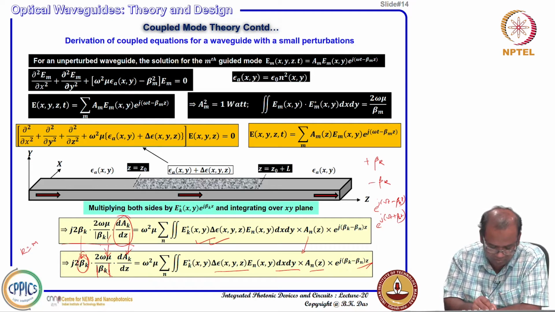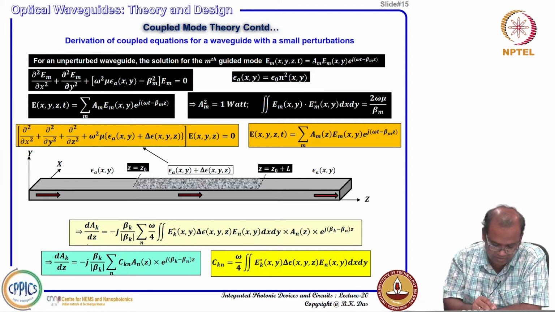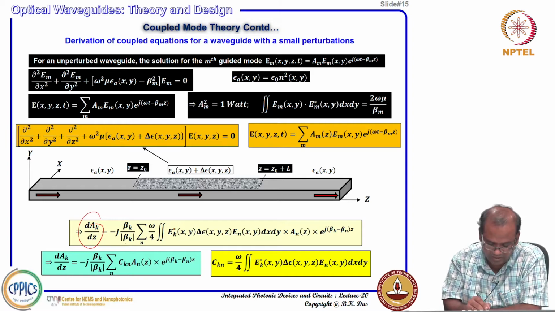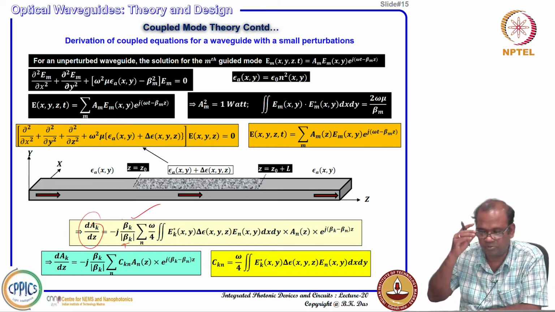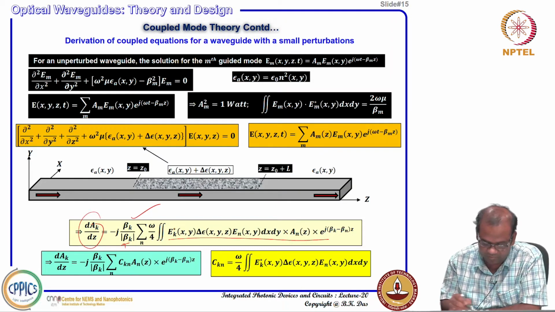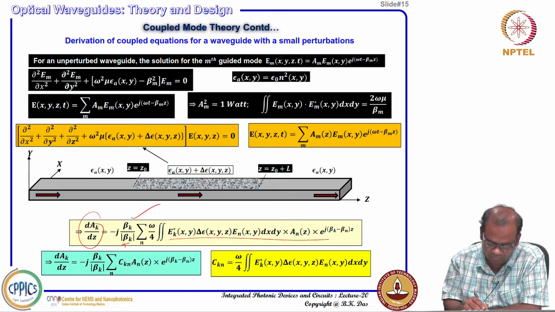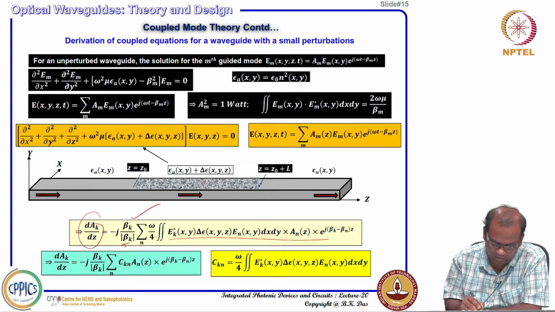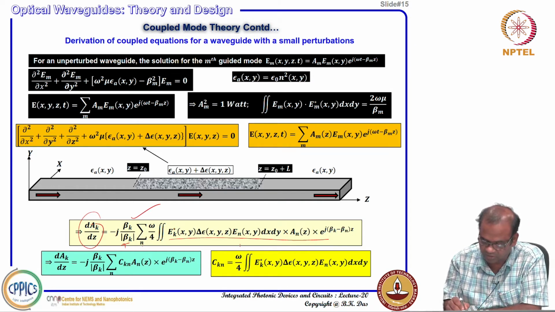Okay. This I want to take to the right hand side, so that I can get dak by dz, on the left hand side. On the right hand side we will be getting minus j beta k by the absolute value of beta k. The denominator has no sign, it is an absolute value, but the numerator I will consider depending on whether I am considering a positive or negative propagating mode. And omega by 4 will be there. I have taken omega by 4 within the sum, but it could be outside, because n is only running over the modes.